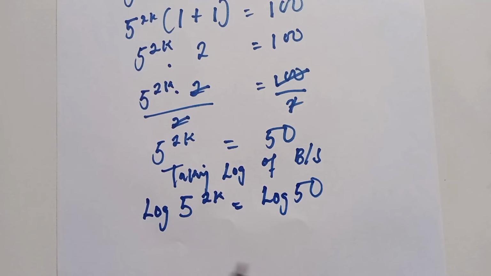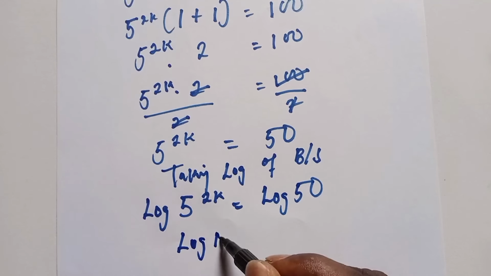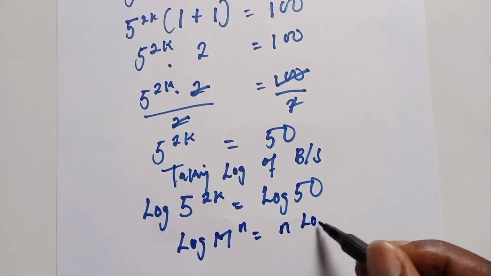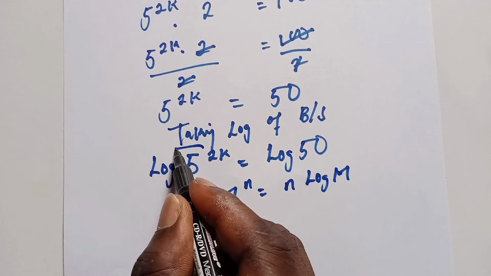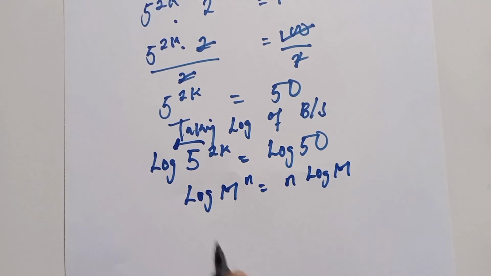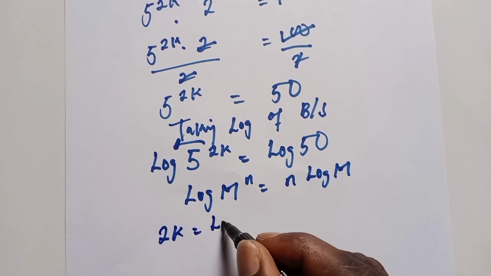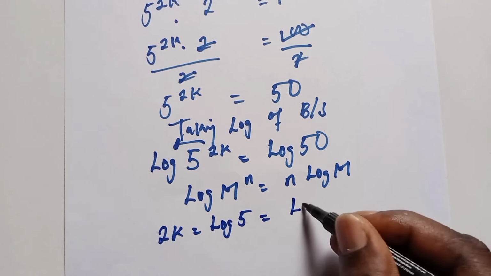From here, if you apply the logarithm formula, log m to power n is equal to n log m, the power will come over here, and then we are left with 2k log 5, which is equal to log 50.